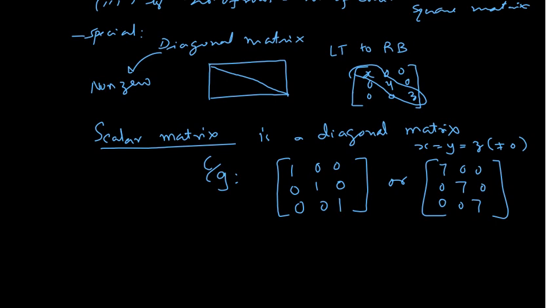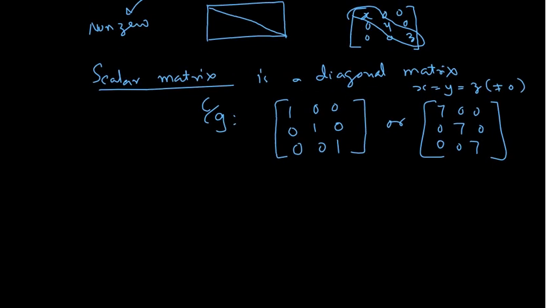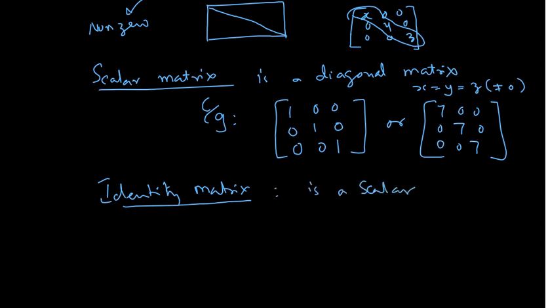Identity matrix is this one. Identity matrix is a scalar matrix in which the diagonal elements equal 1.